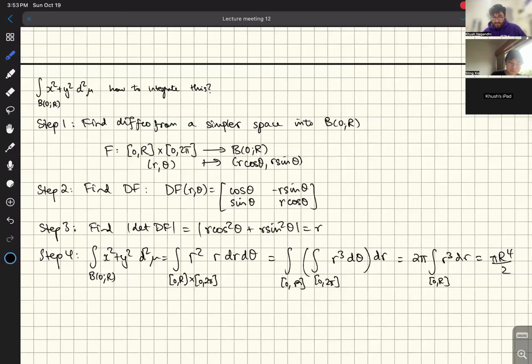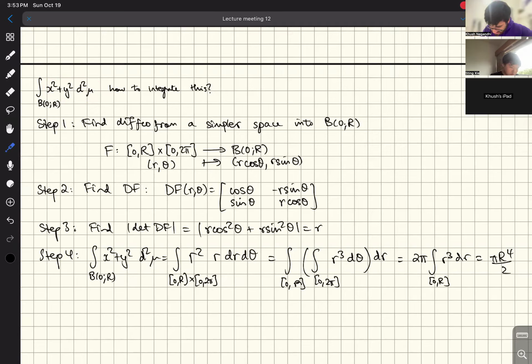Yeah, I think it does make sense. Okay. One thing to notice is that we took an integral from one domain, and in some sense we pulled the integral back.